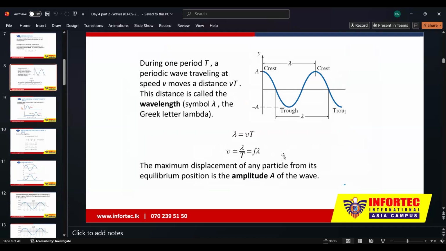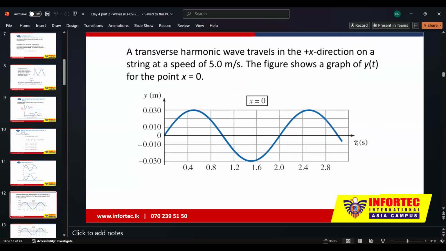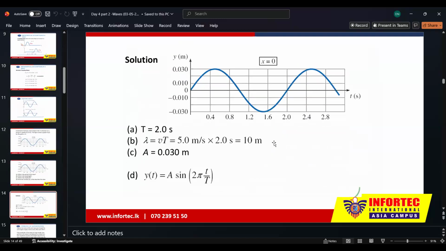So v is equal to f lambda, where f means frequency, and frequency is equal to 1 over T. From the same graph, time versus y, with the speed given as 5 m s^-1, we can find the period and then the wavelength.